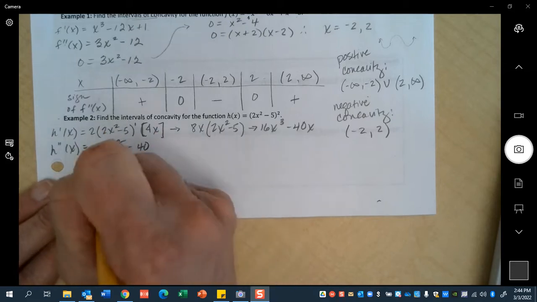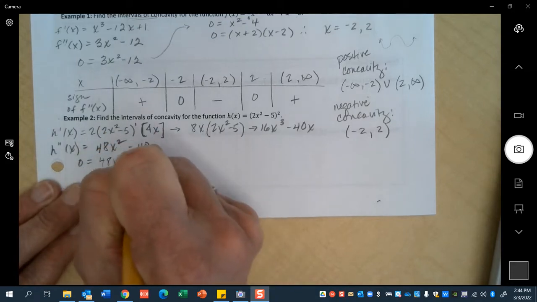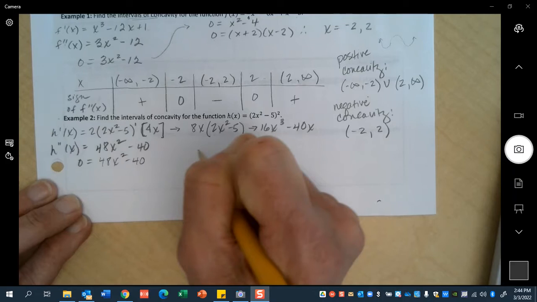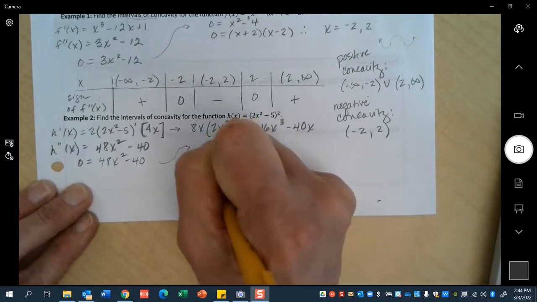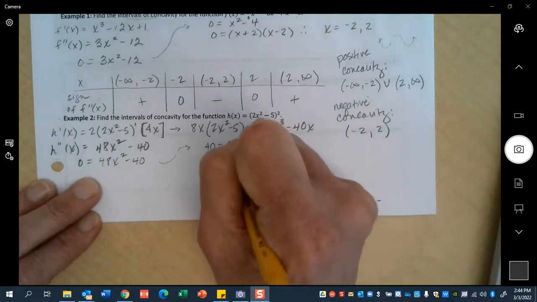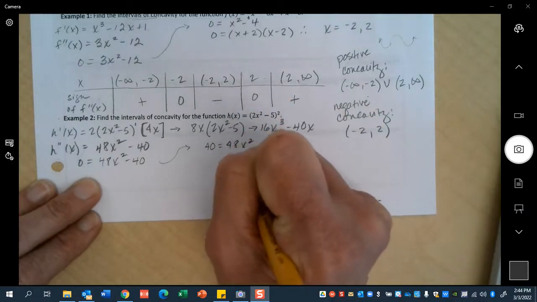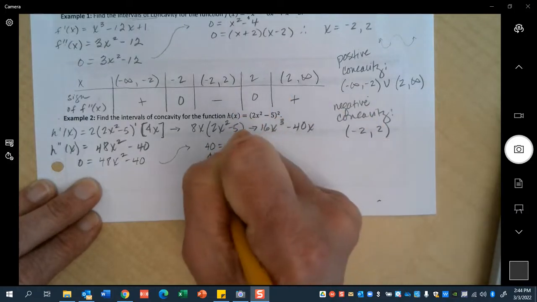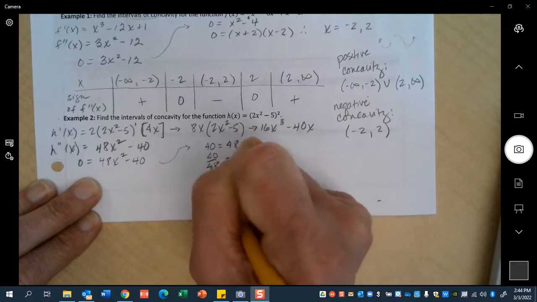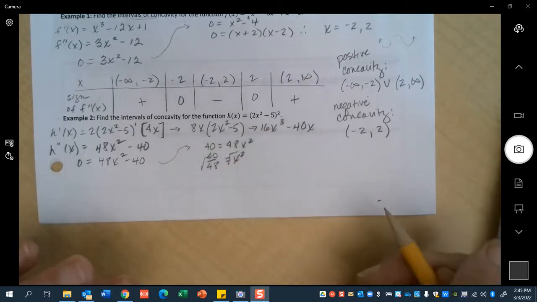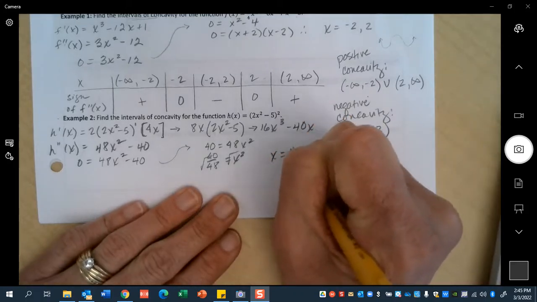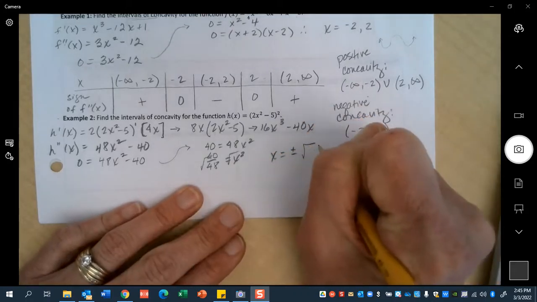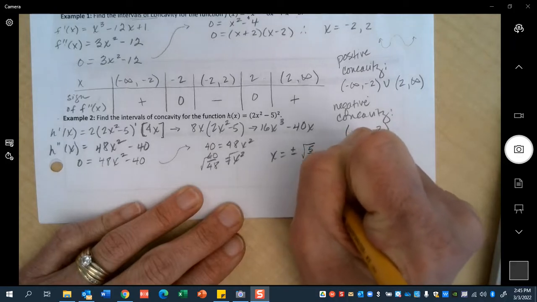So I'll come over here so I have room for my chart. 40 is equal to 48x squared. x squared is equal to 40 divided by 48. Take the square root of each side, and I get x is equal to plus or minus the square root of 5/6.